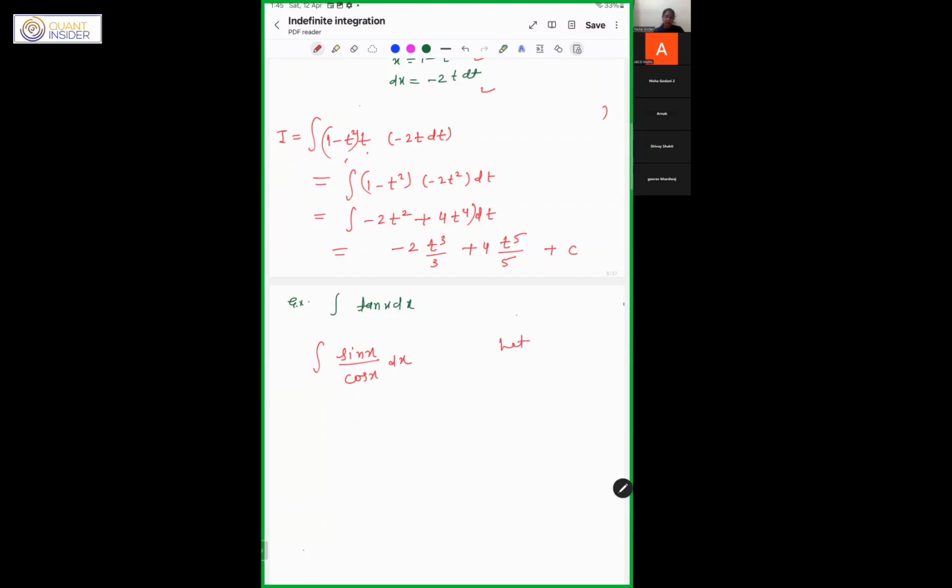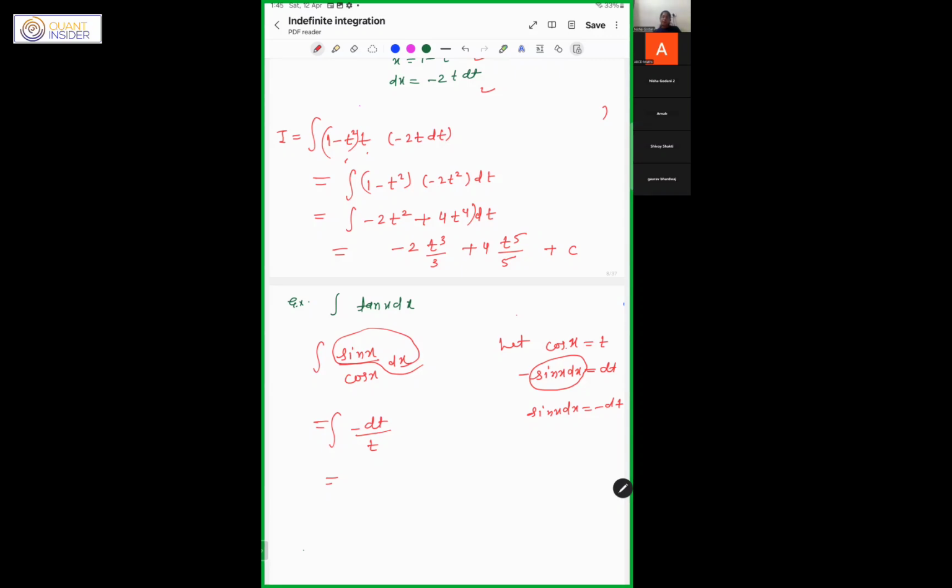You can let cos x equal to t. So differentiation of cos x is what? Minus sin x. So minus sin x dx is dt. So you can see that sin x dx is minus dt. Now you can replace it. So this is minus dt upon t.